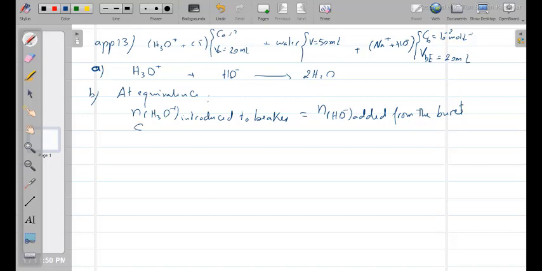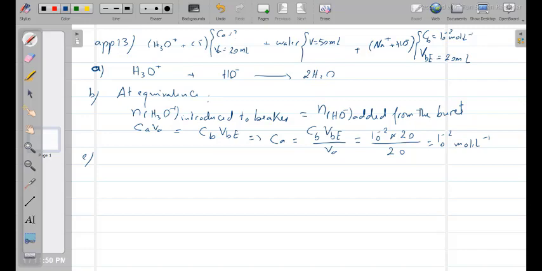We replace the number of moles of H3O plus by CAVA and the number of moles of base HO minus by CBVBE. Then Ca equals CB VBE over VA. CB equals 10 negative 2 times VBE 20 over VA 20 equals 10 negative 2 mole per liter.